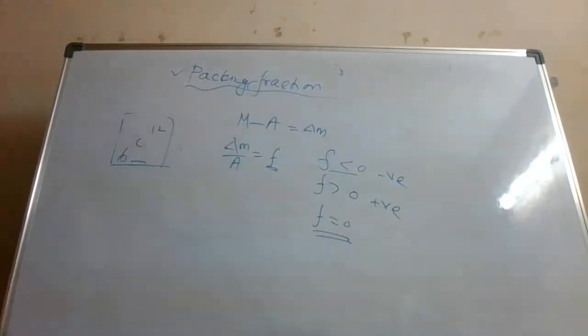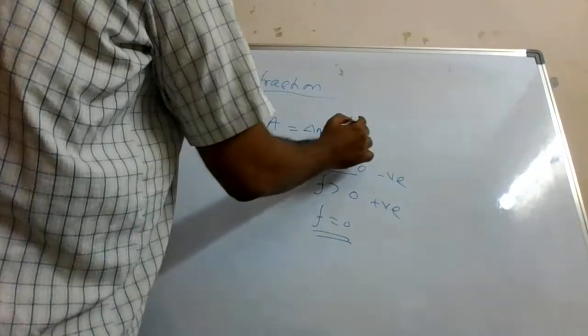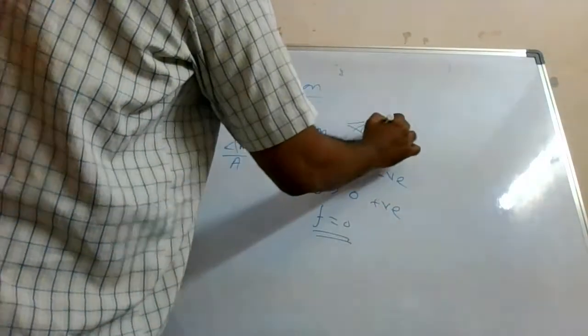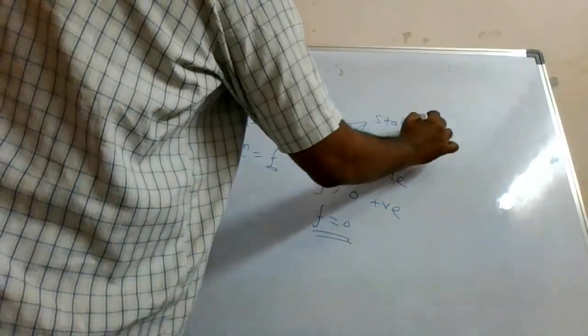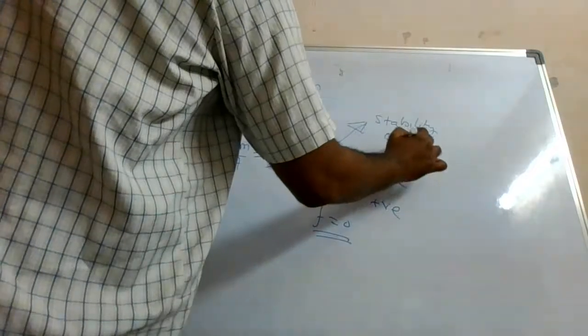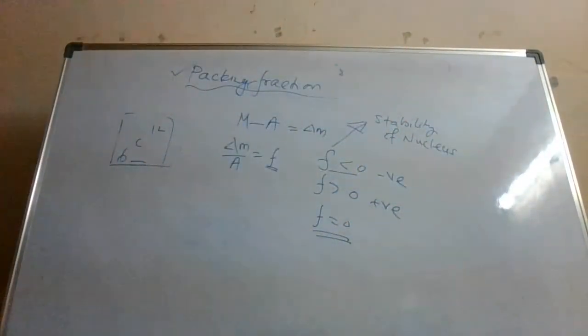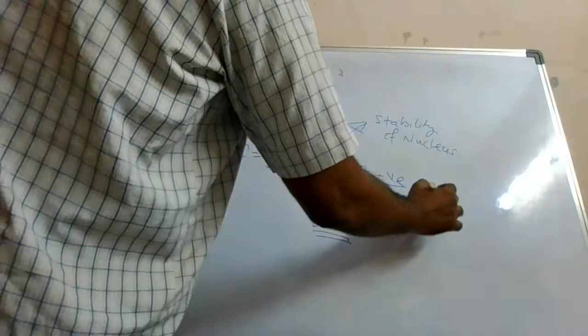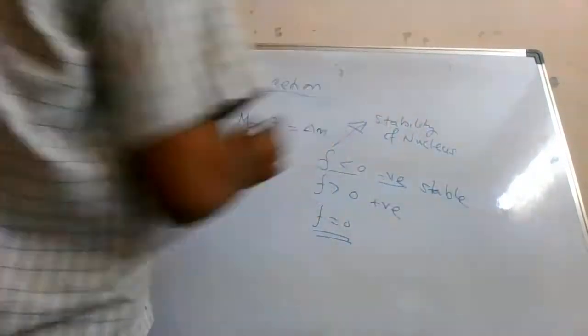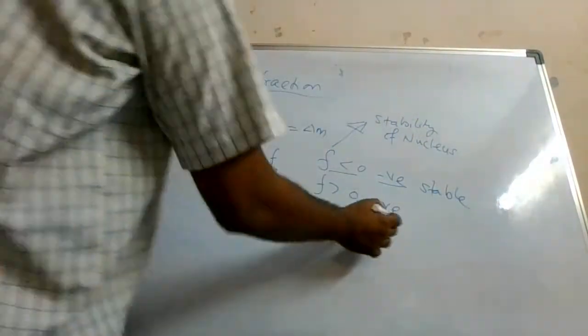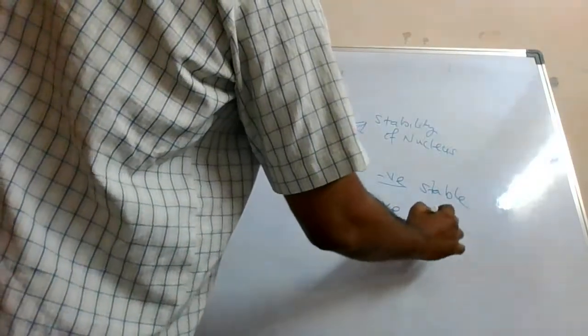So this packing fraction gives us an idea about the stability of the nucleus. This is one of the ways of understanding the stability of the nucleus.